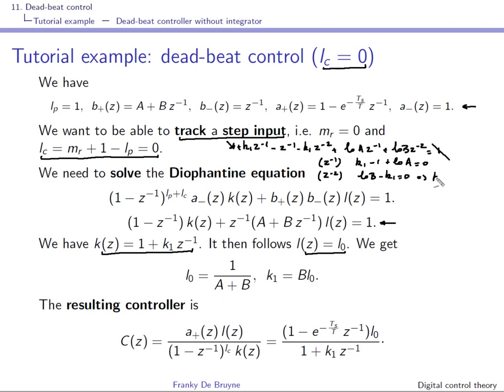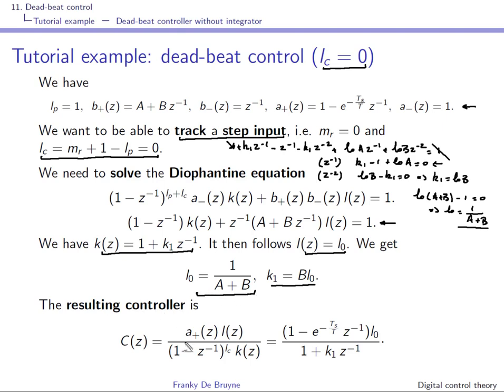So K1 is equal to L0B. This is what we have over here. We have to inject it in this equation over here, so we'll have L0 times A plus B minus 1 is equal to 0, so L0 is equal to 1 over A plus B. This is what you see over here, right?